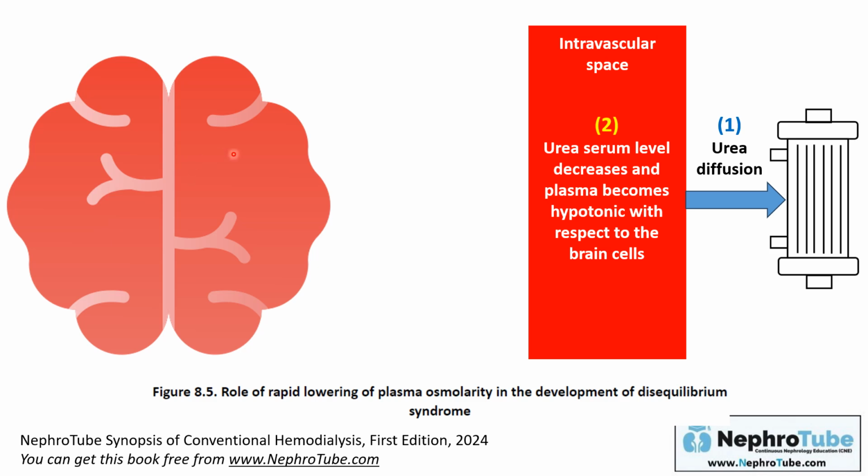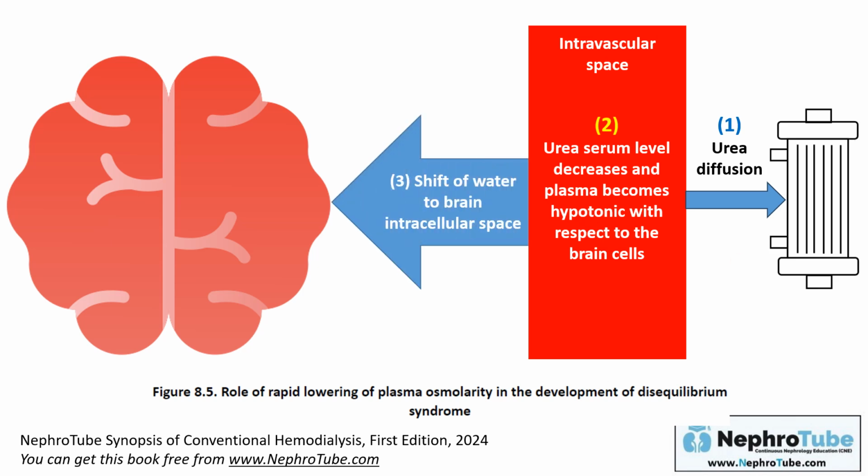So in this situation, the intracellular osmolarity of the brain is higher than the intravascular space osmolarity, which will cause shifting of water by osmosis from the intravascular space to the intracellular space of the brain, causing brain edema, increased intracranial pressure, and central nervous system manifestations.